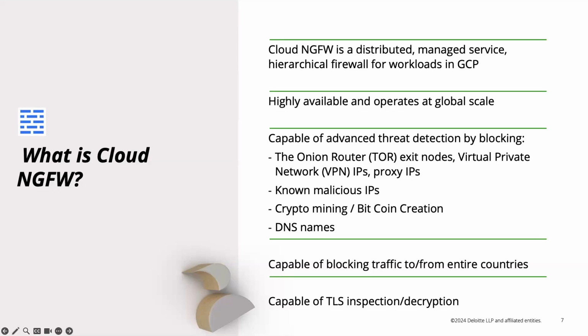So Tor is an acronym. It stands for the onion router. And that's basically an overlay network that runs on your computer. You've probably heard of the dark web before. This is the dark web. So it's an overlay network that runs on top of the internet. And what happens here is attackers can jump into this overlay network, the Tor network, and jump out at different countries.